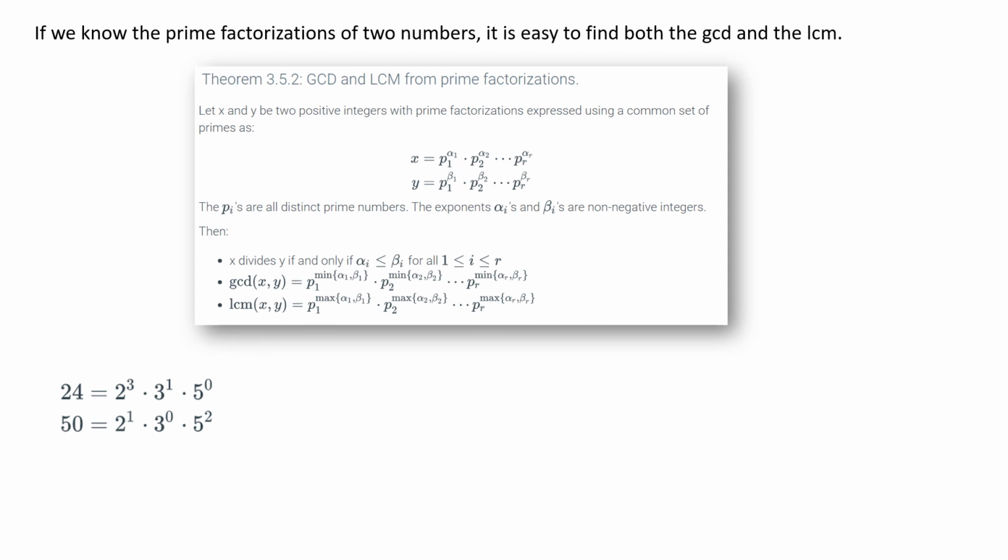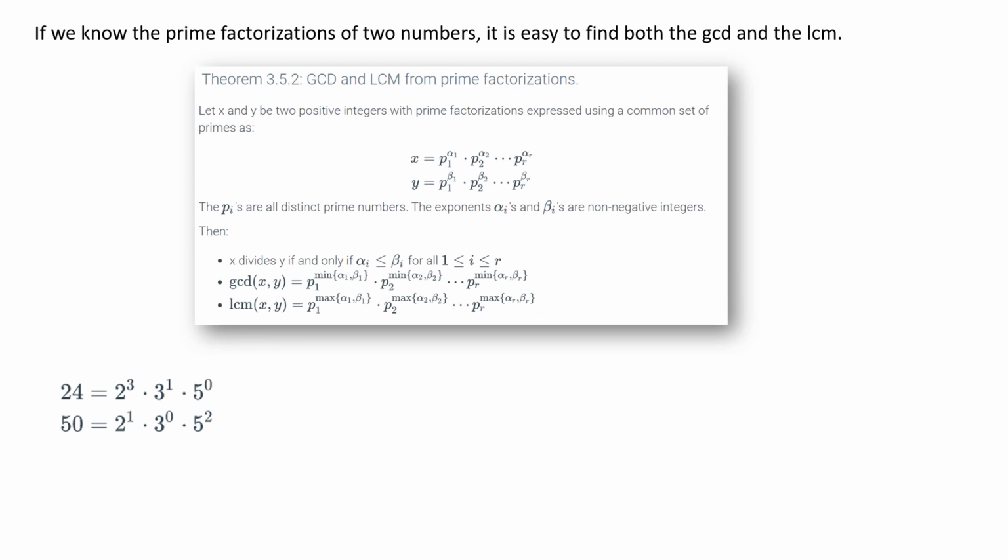So if there's a prime factor that shows up in the other number, we're going to put it in this number, but take it to the 0th power, and that doesn't change anything. So because 5 shows up in the 50 prime factorization, I'm going to put a 5 to the 0. And in 50, because 3 shows up in the 24 prime factorization, I'm going to put a 3 to the 0.